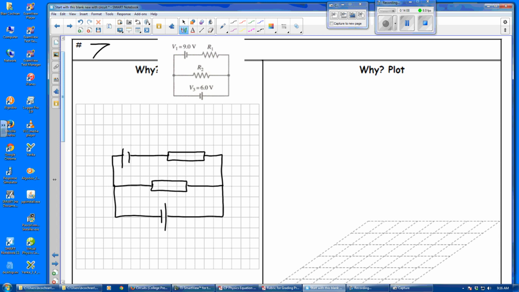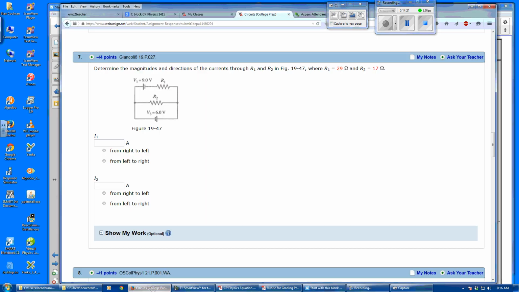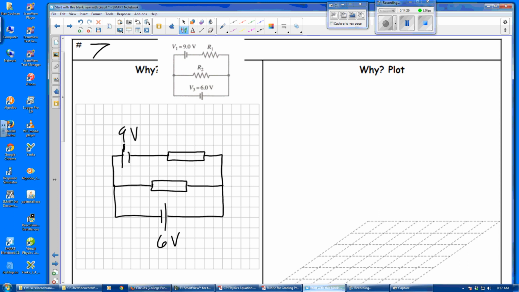That makes a huge difference. And this is 6 volts. And this is 9 volts. And my resistors are R1, 29 ohms, and R2 is 17 ohms. Alright, so that's what I would expect for a circuit diagram. I've used the correct symbols. I've drawn the correct circuit, which is one of the steps.